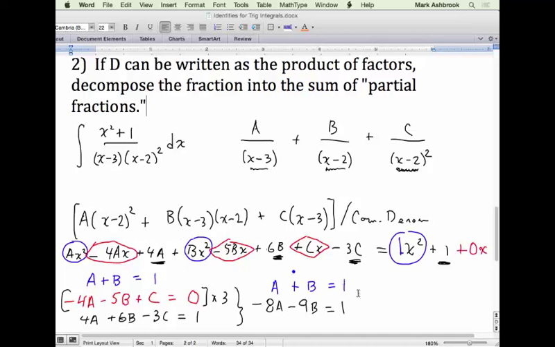Okay, should I do some substitution for something different, or should I keep doing elimination? Elimination, here we go. What I see for this is now to multiply this by 8 and let's eliminate a.